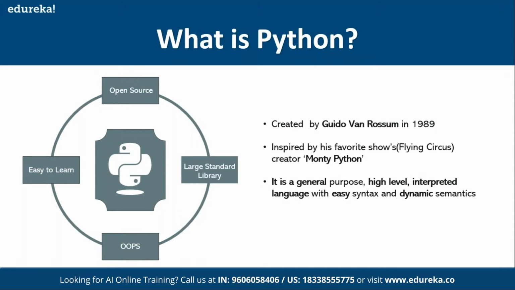So what's happening is the requirement to write code is reducing, and the necessity to leverage the already available libraries is increasing. It helps you to do things very easily. So these all aspects make Python one of the highest adapted programming languages.